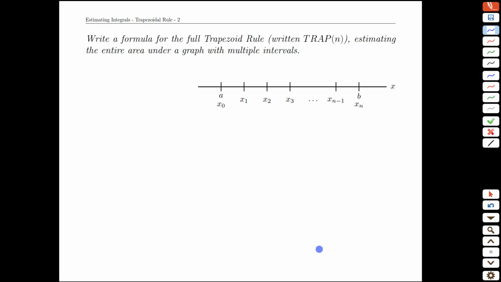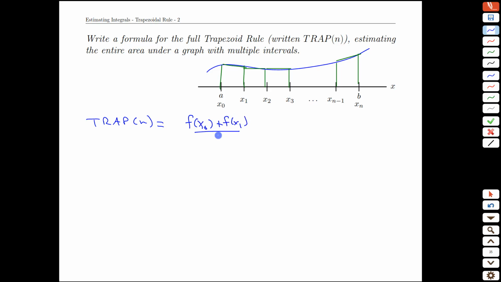Generalizing to a number of intervals here, imagine a graph, and imagine building trapezoids on each interval here. And same at the end here. The trapezoidal rule with n intervals is going to be the average of the heights on the first interval using the first point and the second point, x0 and x1, times delta x.